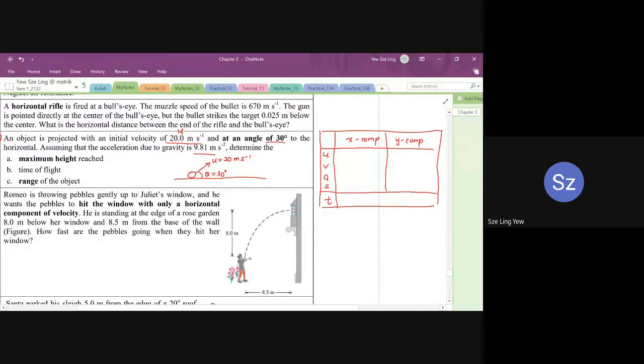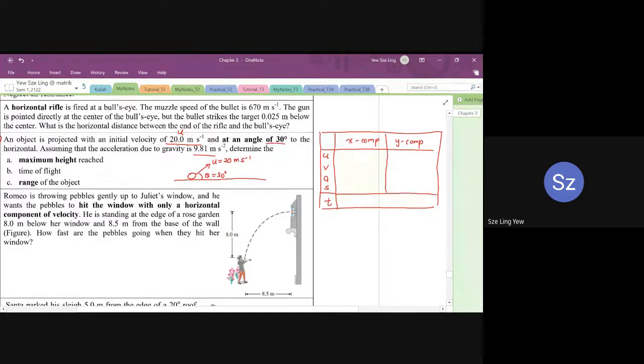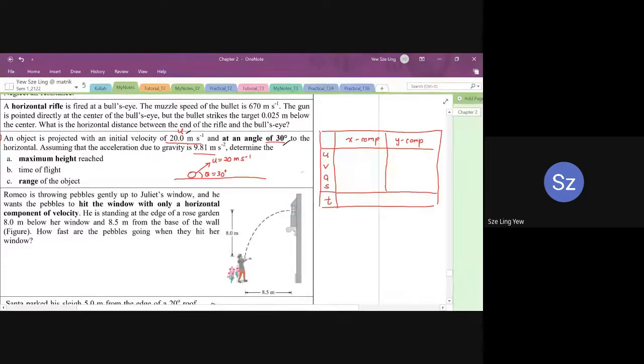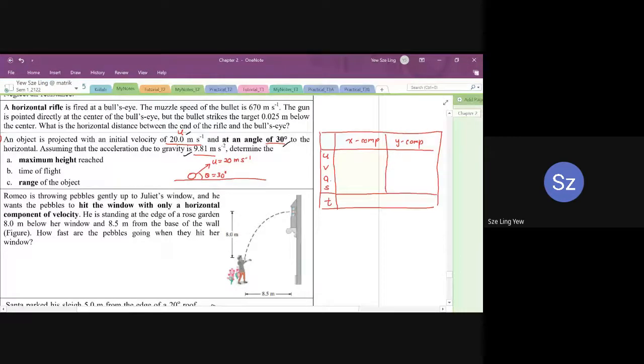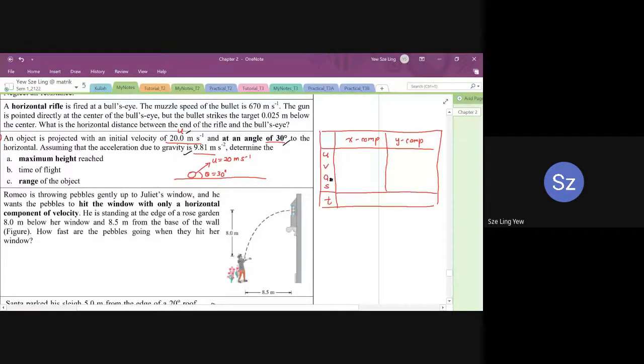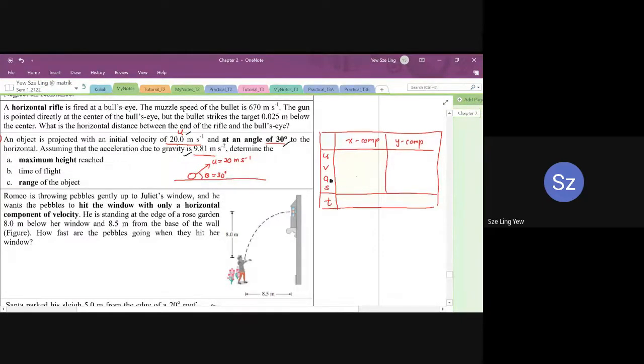So look at the question again. You are given initial velocity u, you are given the angle. Okay, and then what else? You are given the gravity. But before we look at the question again, actually the things that you can fill in the table are the values for acceleration. So a is something special. You don't even have to read the question. Straight away, you know what values you need to put in the table. So x component, a is 0.